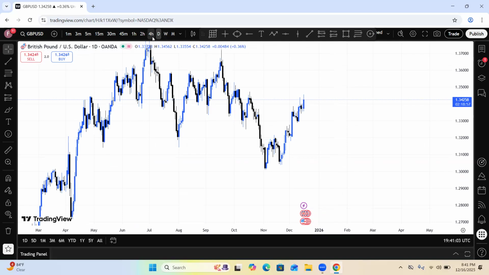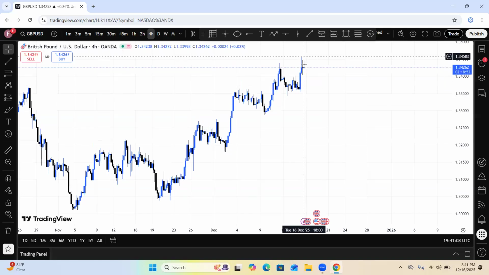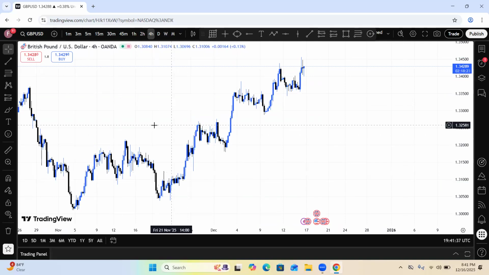When you enter the 4 hours time frame, every candlestick formed here took 4 hours. This tiny candlestick you can see here took 4 hours to form. Am I making sense to you guys? When we go to the weekly time frame, each candlestick in that chart, this thing that you are seeing is called a chart, was formed in a week.